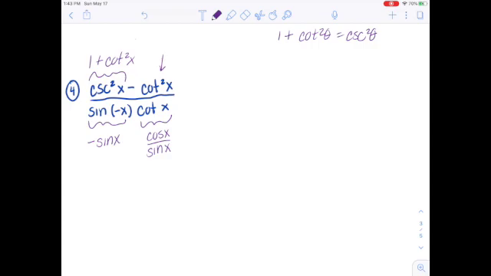I'm going to leave this cotangent because I can see something happening with that cotangent. All right, so in my numerator, I have 1 plus cotangent squared of x minus cotangent squared of x. So we're going to be able to drop some stuff out of there. Negative sine of x multiplied by cosine x over sine of x.